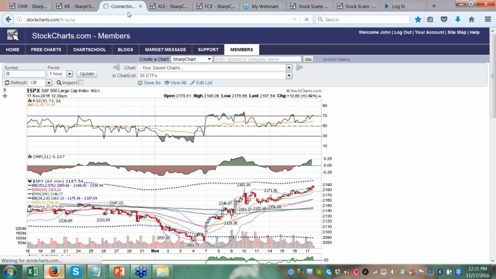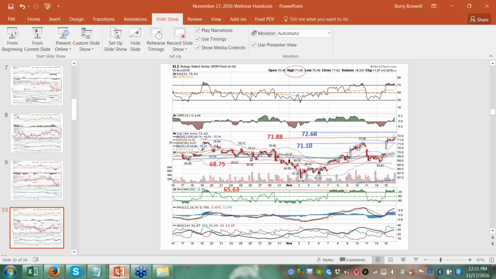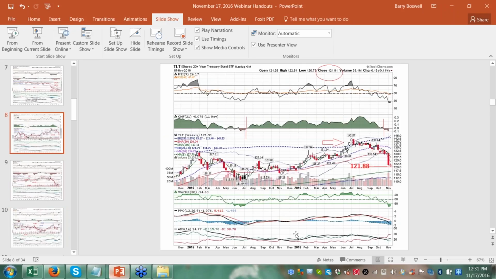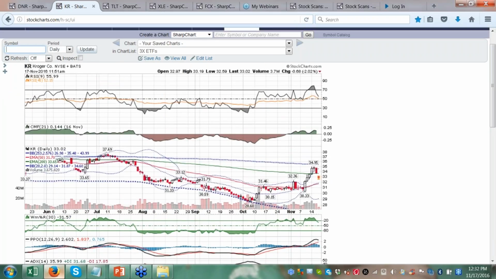And then if we look at TLT, all right, we're back to 2184. Key level is 2188, 121.88. So right now we're back to a close underneath it if it closes at this level today. So as I said, this is a really key level right now on the TLT. So this is going to tell us a lot about where the rates are going to go based upon where she closes for the next 2 days.